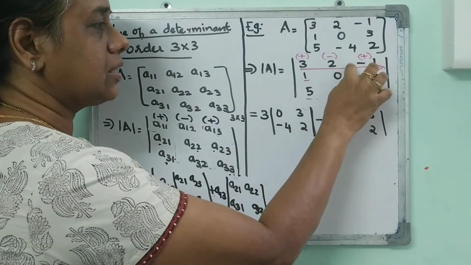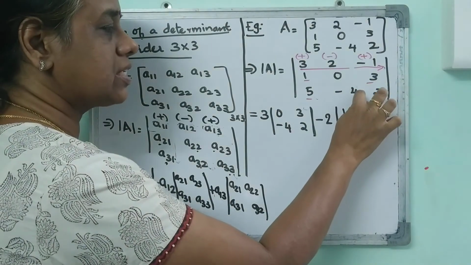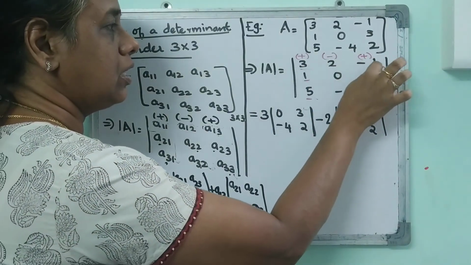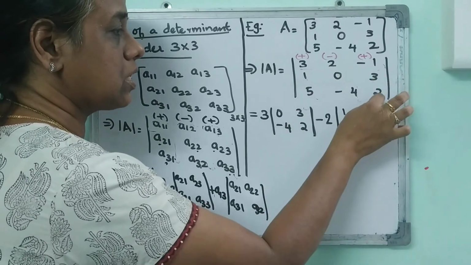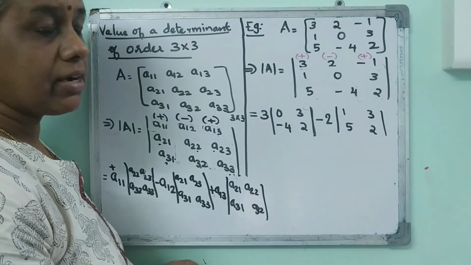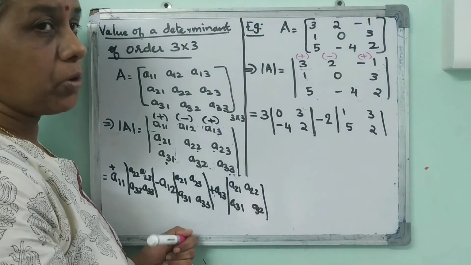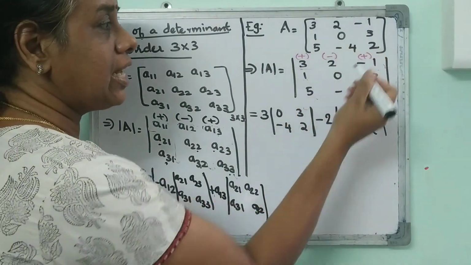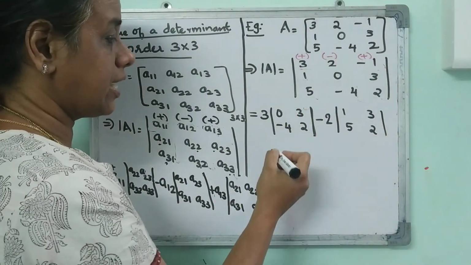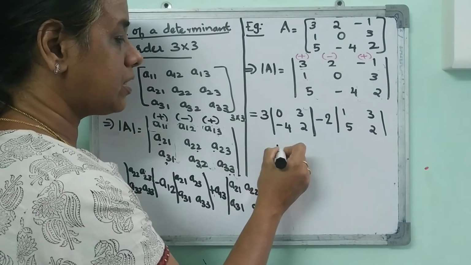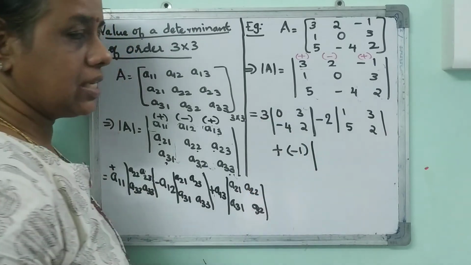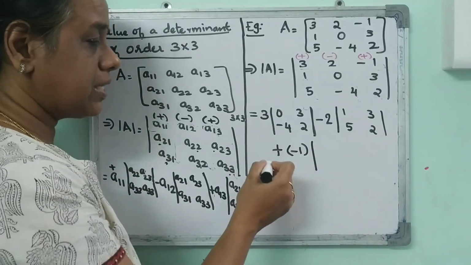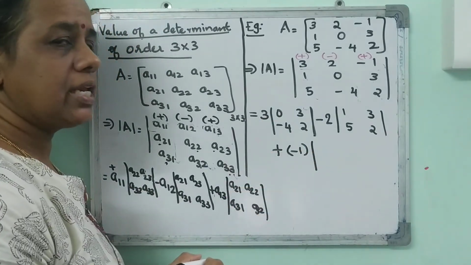Now go with the third element in the first row. Let us see how the calculation turns out to be. What is the sign to be given for that? It is the positive sign, but the element already has a negative sign. So actually it will be written as plus minus 1 into the remaining determinant. Plus into minus 1 means it will turn out to be minus itself.